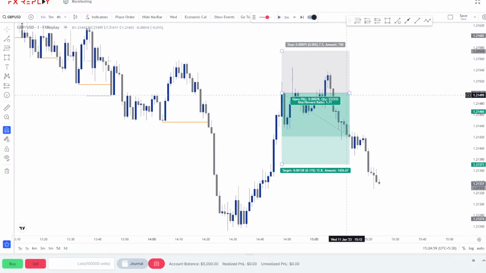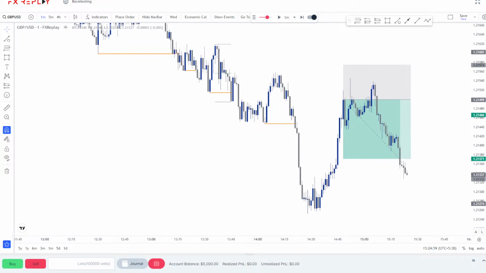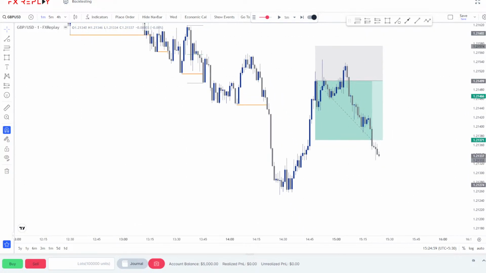We got a 1.5, and the reason I'll just show you guys. The reason I'm keeping it until the fair value gap is because the base here is formed with an up candle, so it shows some dominance of the buyers.